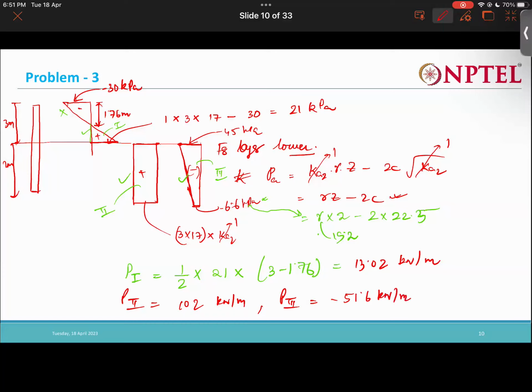Right, so total P will be how much? 13.02 plus 102 minus 51.6, that is 63.42.